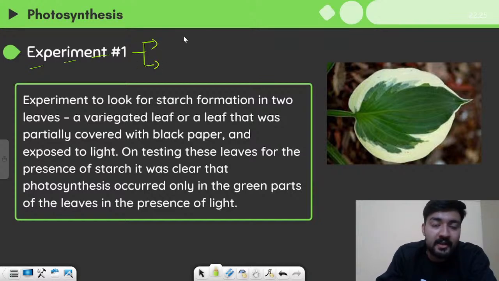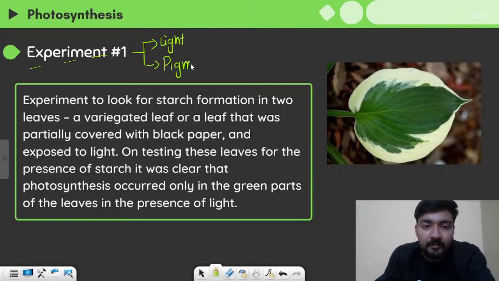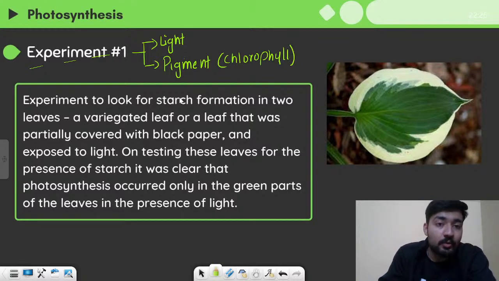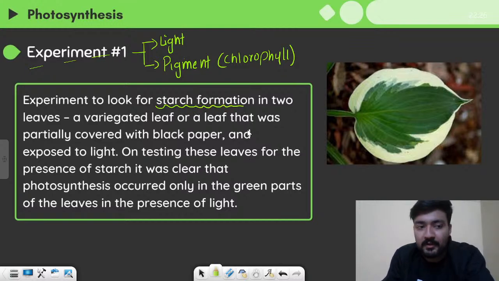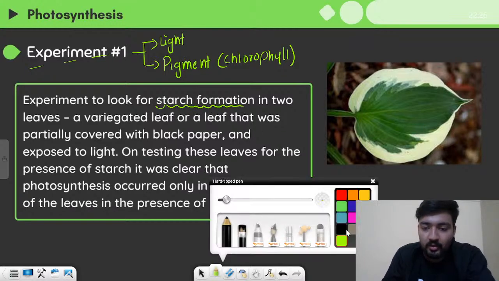This first experiment will tell us about the significance of light and the pigment, basically chlorophyll. Let's see. So in the experiment we are again looking for starch formation in two leaves. So we have taken two different leaves.